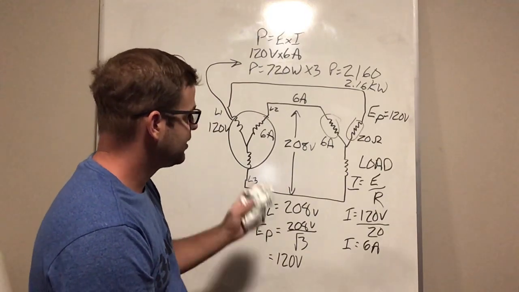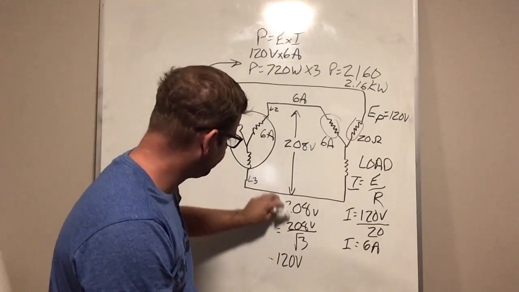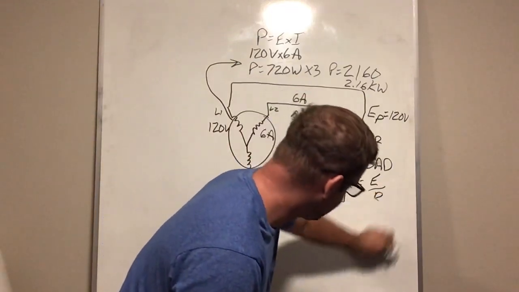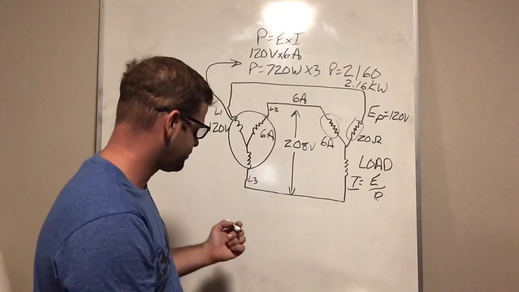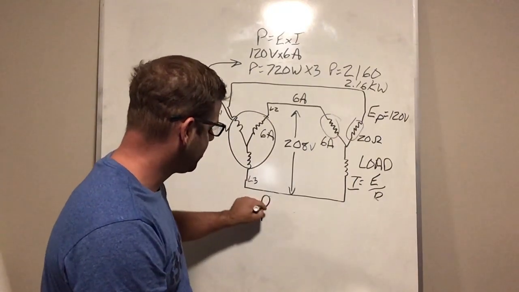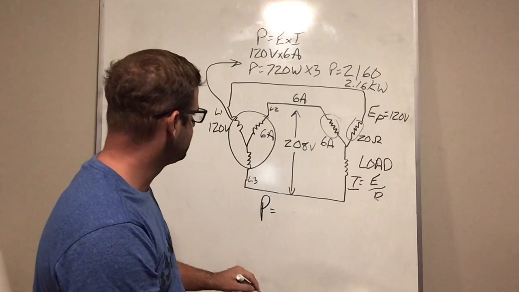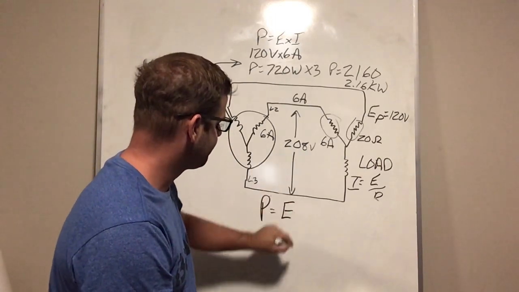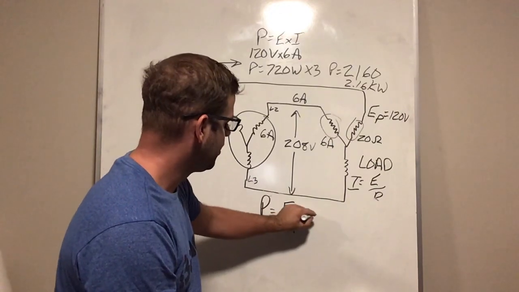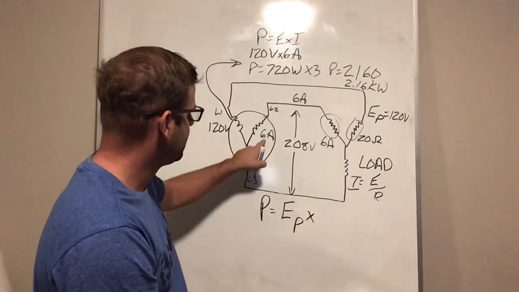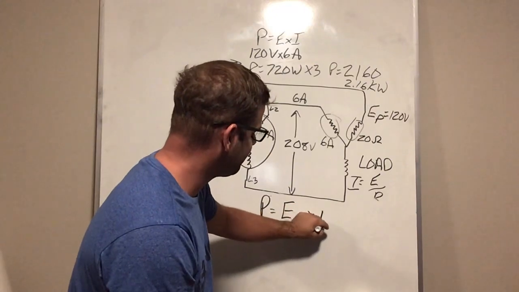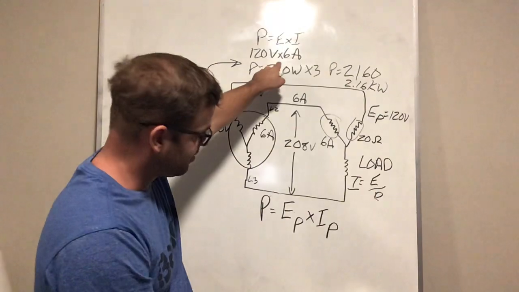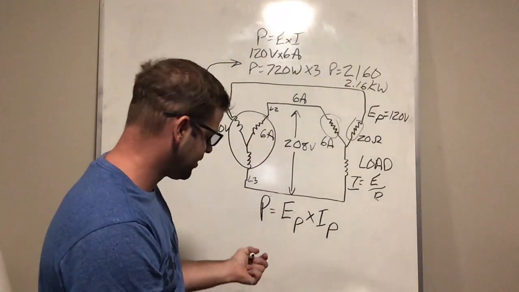From this, I can derive a formula for 3-phase watts. Power is equal to my E phase times my I phase, and these are all phase values I'm using right now, because I was using phase values up here, so I'm going to put that into the formula down here.